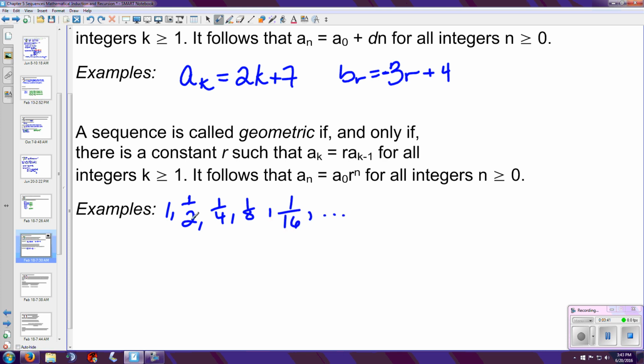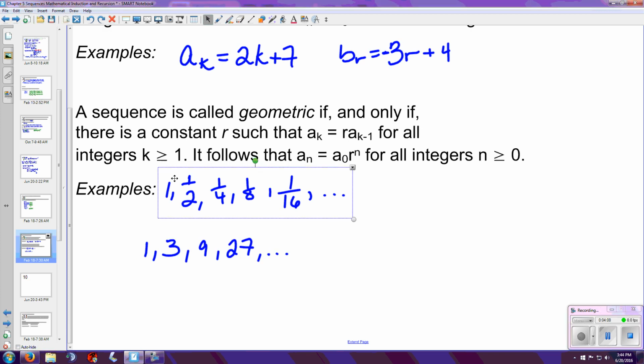You'll notice we have powers of 2 here, and this is technically 1 over 2 to the 0, 1 over 2 to the first. You could have instead, let's say, 1, 3, 9, 27, so on and so forth. Now, if you've taken the calc sequence, you know that something like this shoots off to infinity if you were to try and add that up.